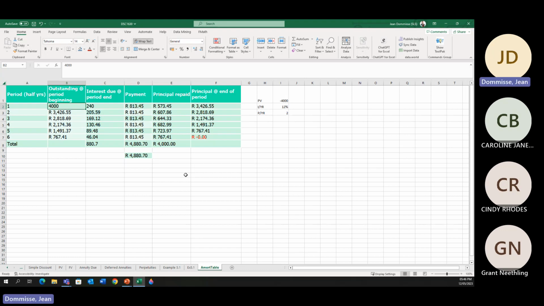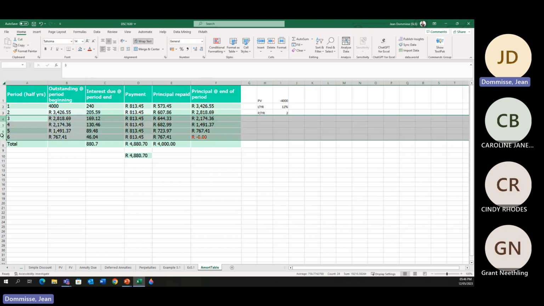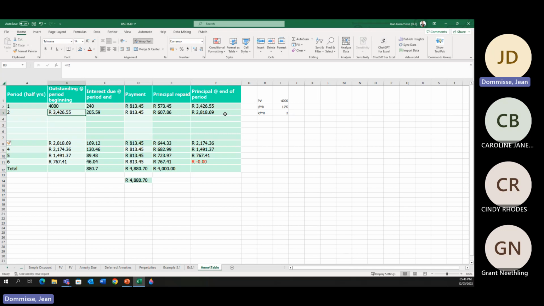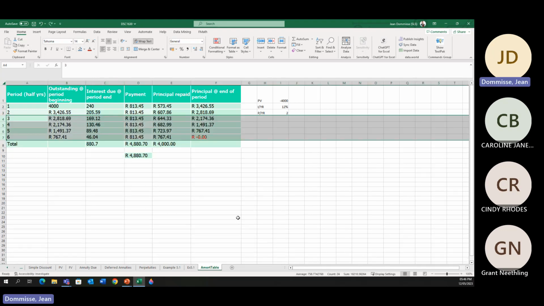You can add rows to it, you can take away from it, you can change it as you like. So I think it's just a nice way of simplifying it. So if you need to add in here, insert, you can drag those numbers down. If you need to then recalculate an amount, you can do that as well. Okay, so that is one way of looking at the amortization schedule.